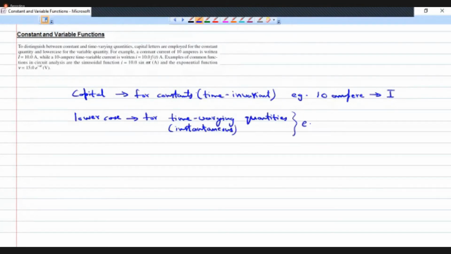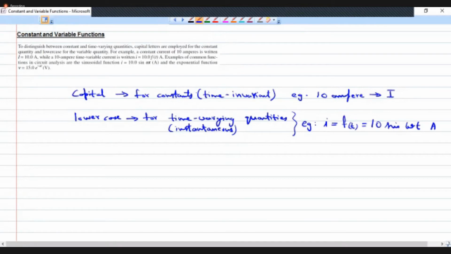Example, I can say that the instantaneous current i is equal to some function of time, like say f of t is equal to 10 sine omega t ampere. Also, the small symbol is used for representing the instantaneous value in terms of exponent function also.